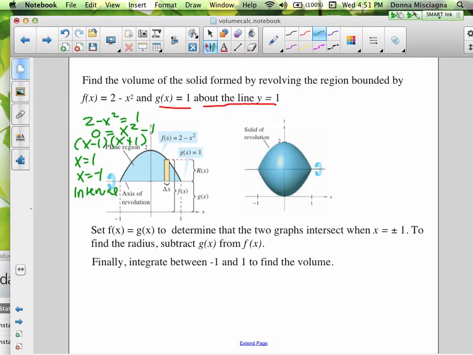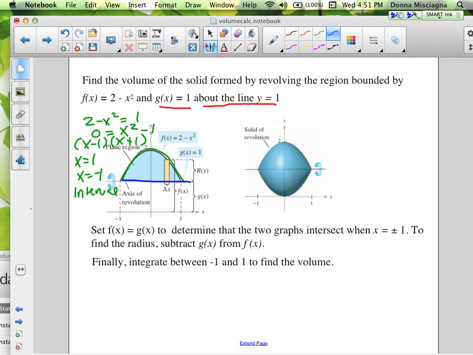When I set this up, you can see from our picture that on top we have the graph of 2 minus x squared, and on the bottom, which I'm writing in blue here, we have the graph of g of x equals 1. So that's the region, and we're creating this eggy shaped thing.